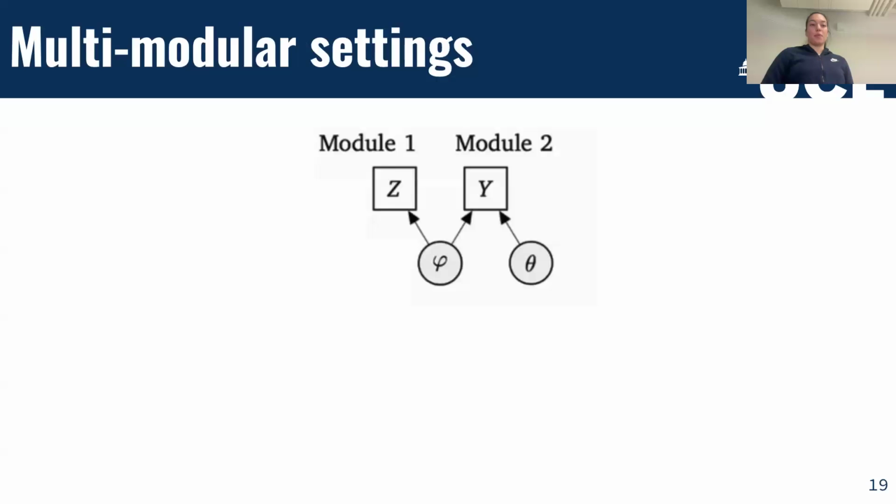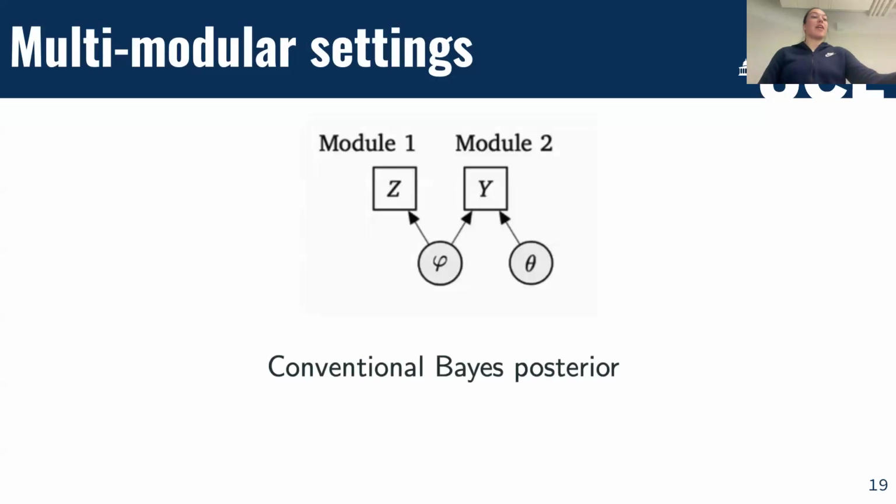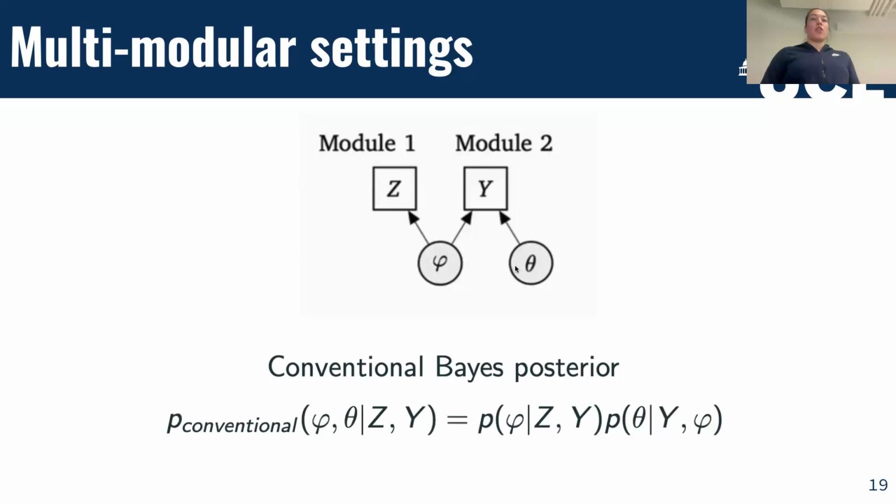Yes. So just to set the modular setting, we're going to have two modules. Module 2 here essentially has observed data y, and the parameters are phi and theta. The conventional Bayes posterior that we know would mean that the posterior of phi and theta given z and y is equal to the posterior of phi given z and y times the posterior of theta given y and phi.